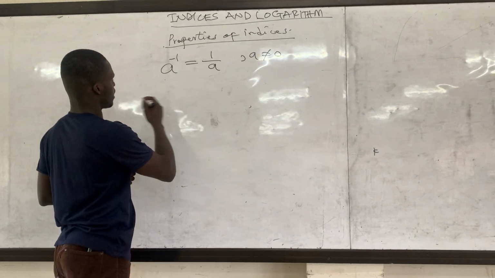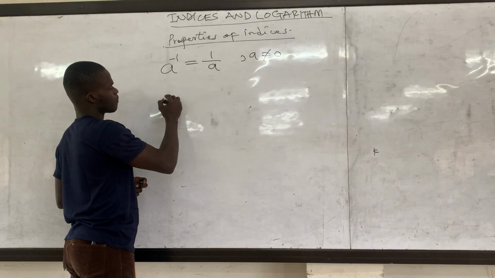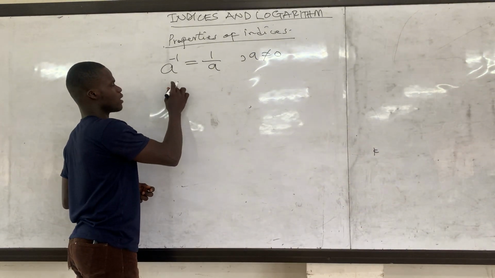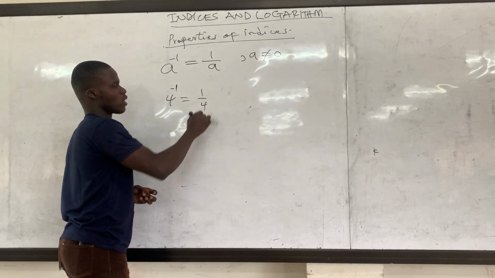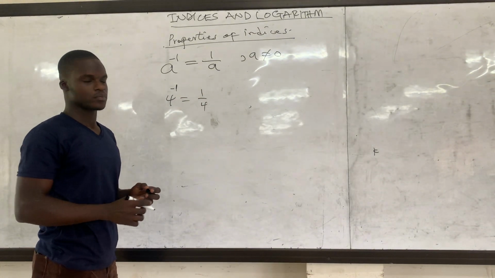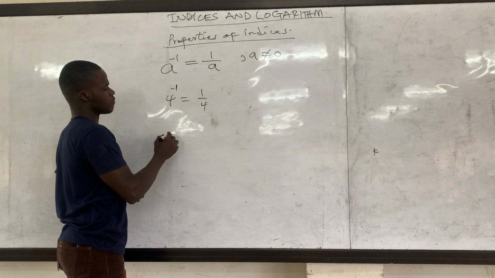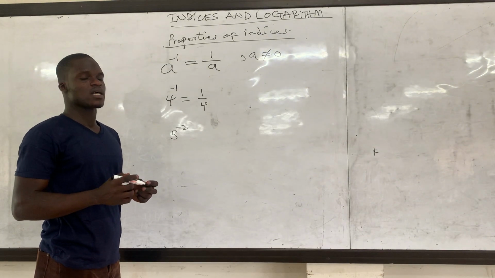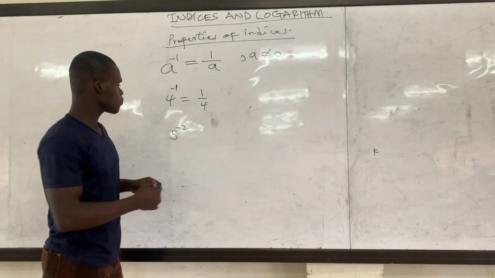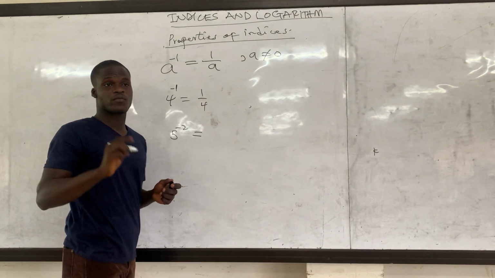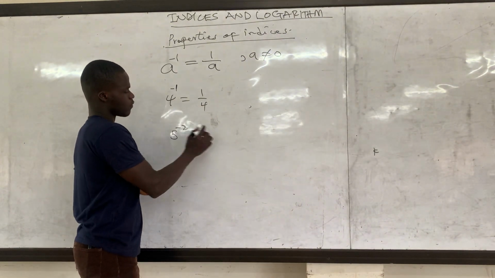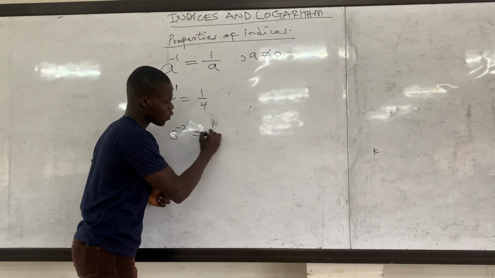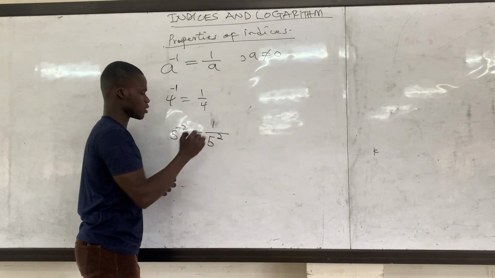Okay, so let's take an example. We can have something like 4 exponent -1. So 4 exponent -1 is actually the same as 1 divided by 4. We can also have maybe 5 exponent -2. Because of the negative sign here, it's still going to be 1 over, but then it will be 5 exponent 2.